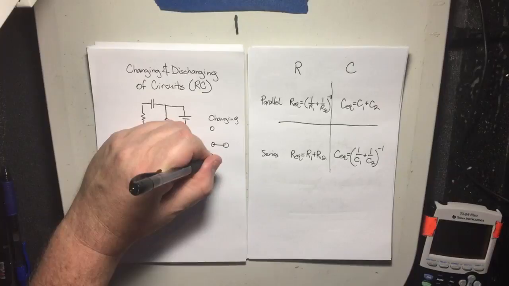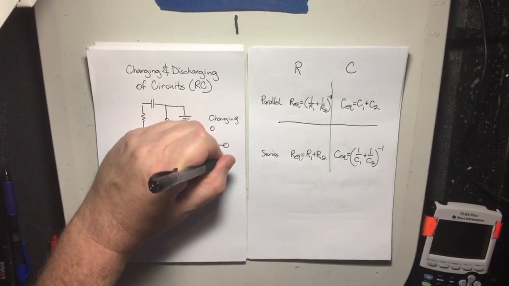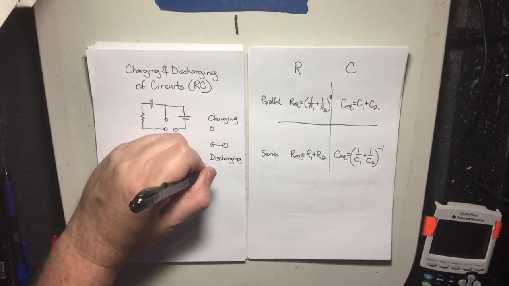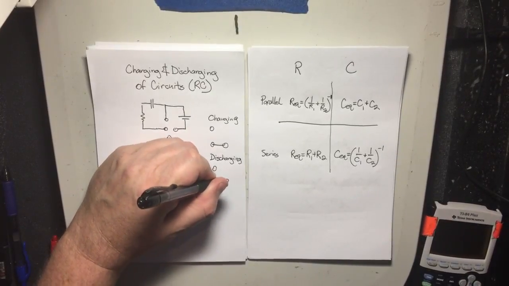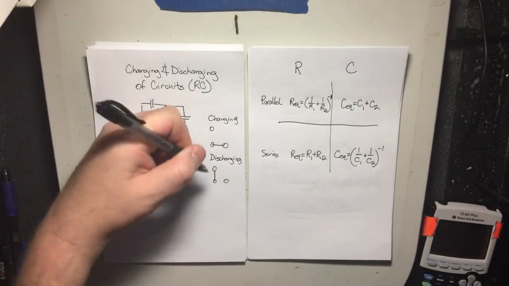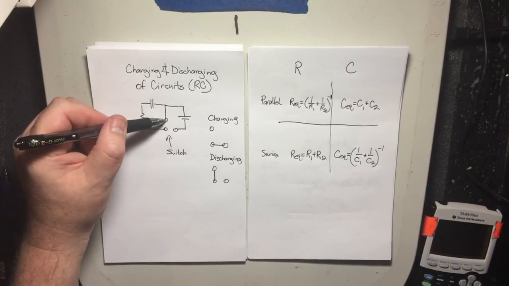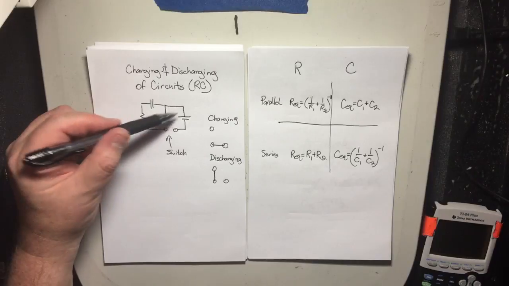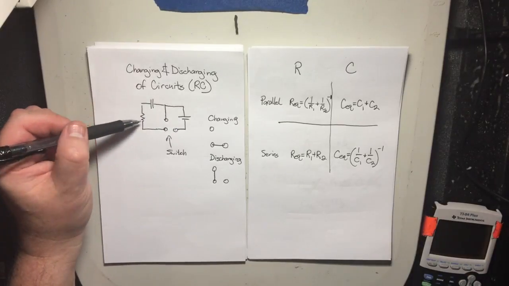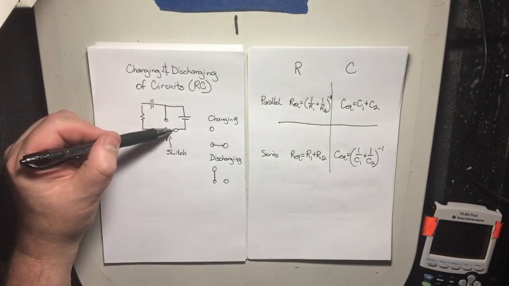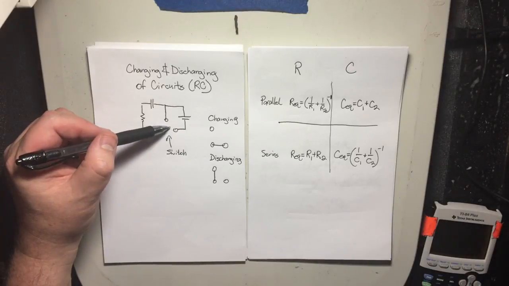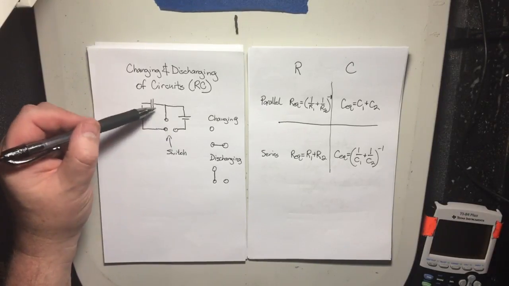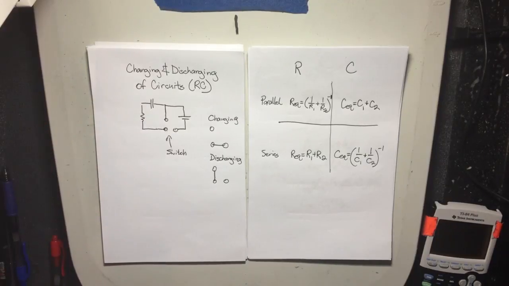When it's discharging, it removes the battery from the circuit, and the wire then connects those two. When it is in a charging situation, there is a battery, a capacitor, and a resistor. When it's in the discharging situation, that's closed, that's open, and you're left with just a capacitor and a resistor.